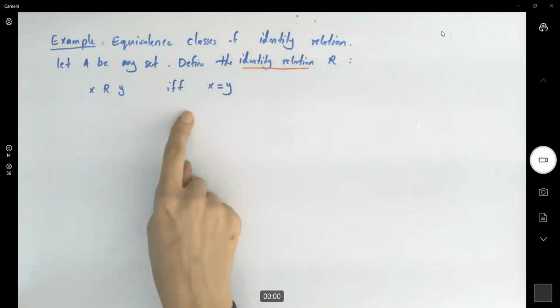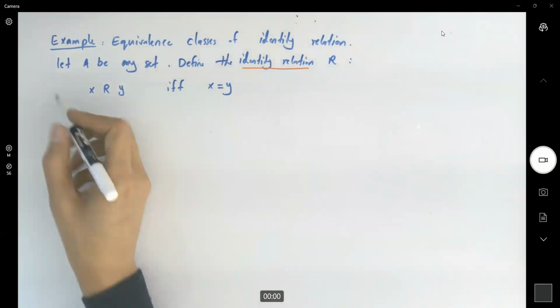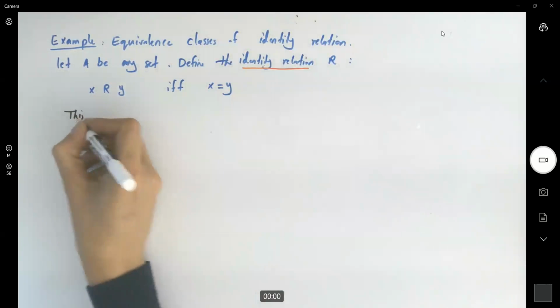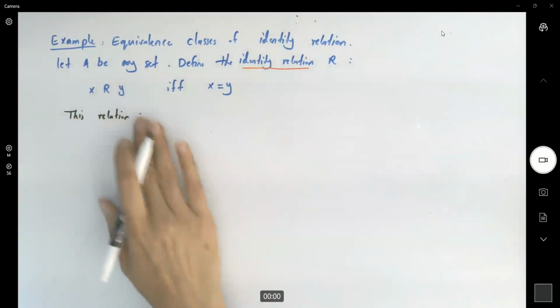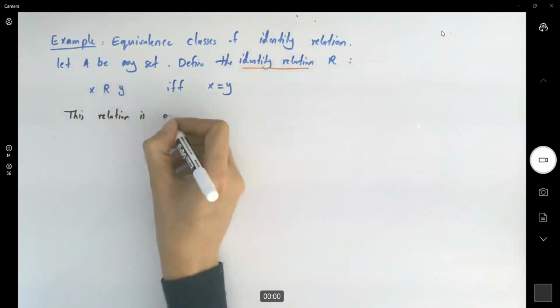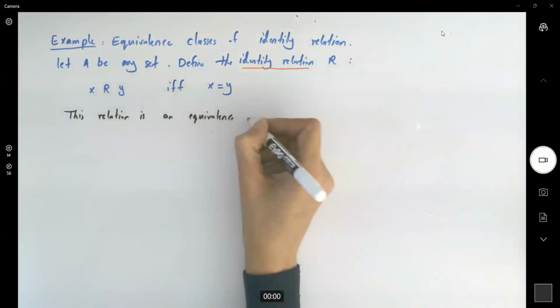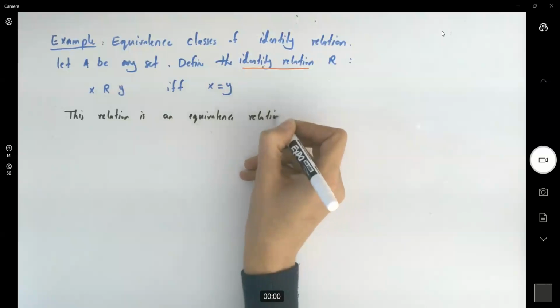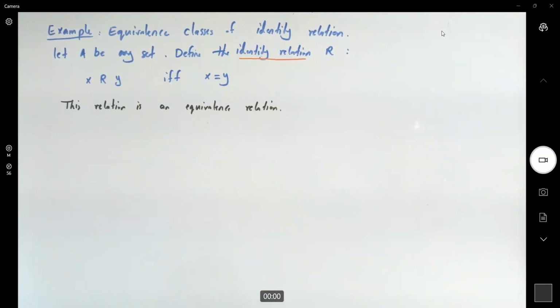Is this relation an equivalence relation? You can easily check that. This relation is an equivalence relation. It is reflexive, symmetric, and transitive.